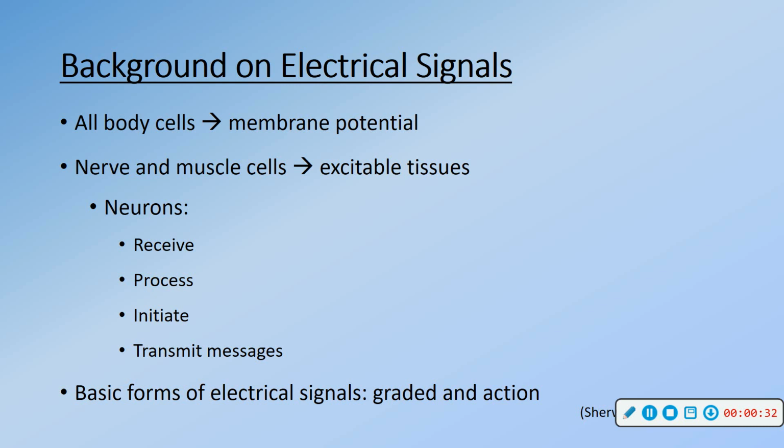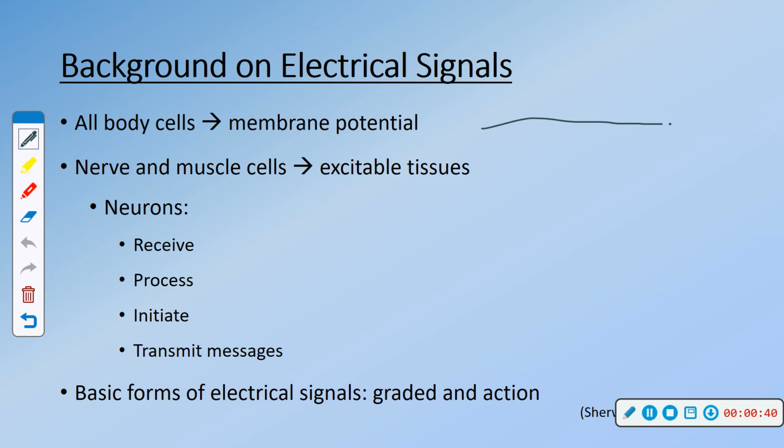So the first thing you need to know is all body cells have a membrane potential. What this means is that you have the cell membrane, and there are so many substances on either side, and they generally have a certain kind of charge that they want.